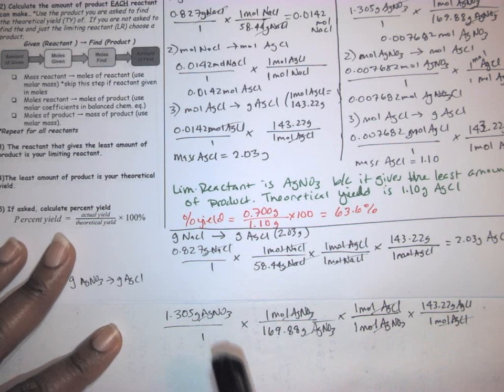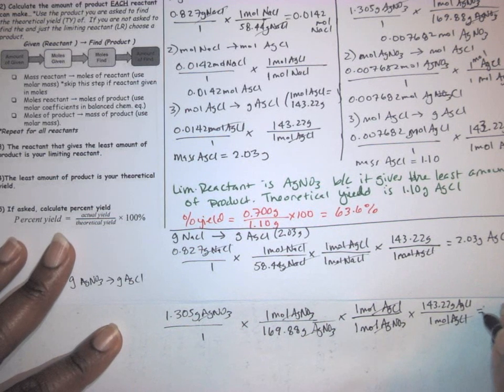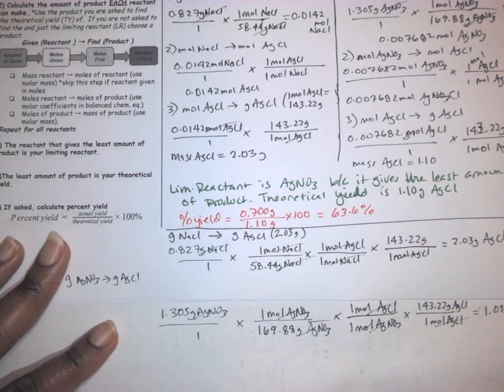Then I multiply 1.305 times 143.22 and divide by 169.88. When I do that, I get 1.09 grams.